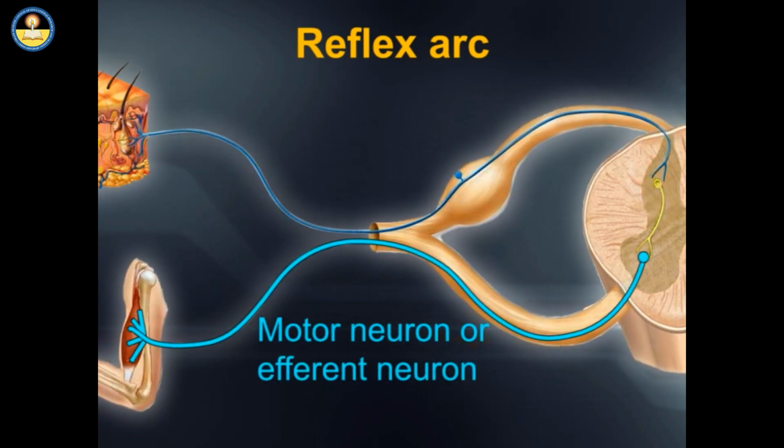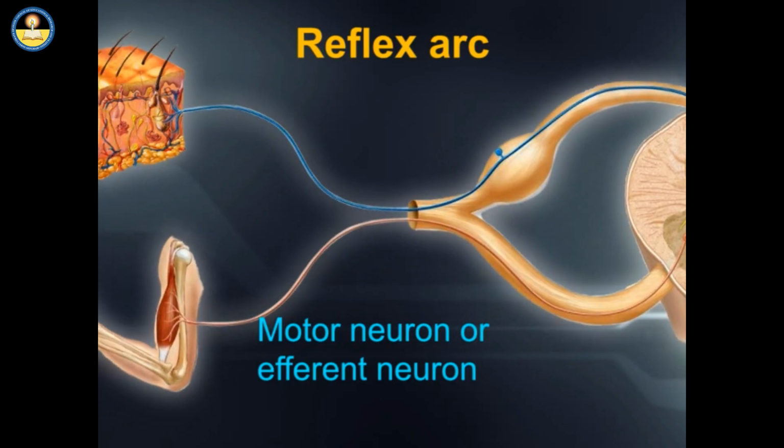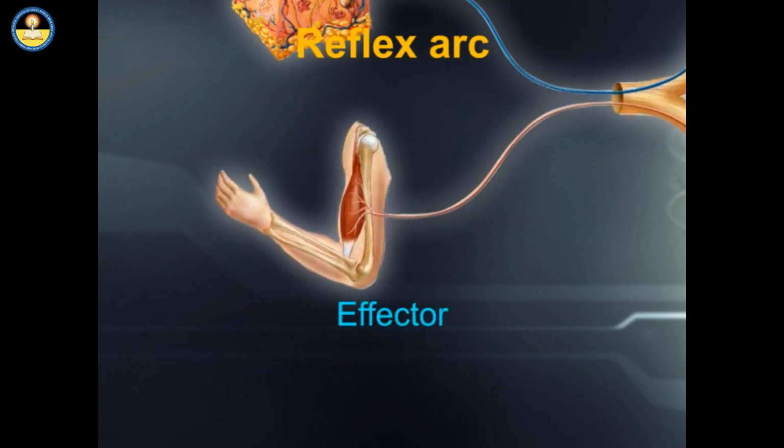Motor neuron. A neuron that conveys impulses outward from the interneuron present in the spinal cord to the cells present in the effector. Effector.